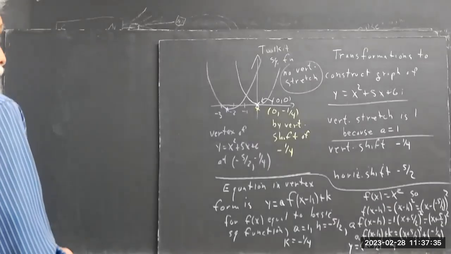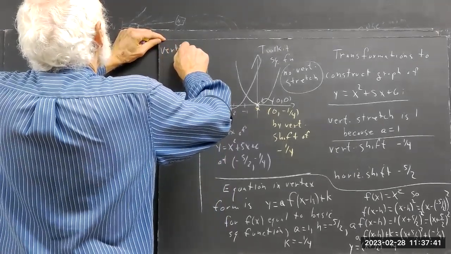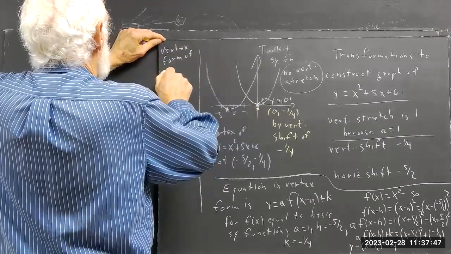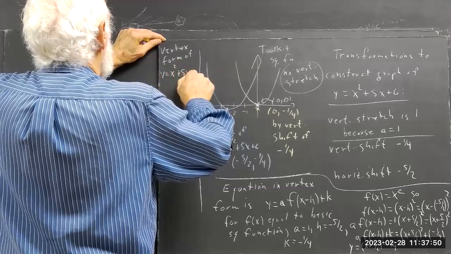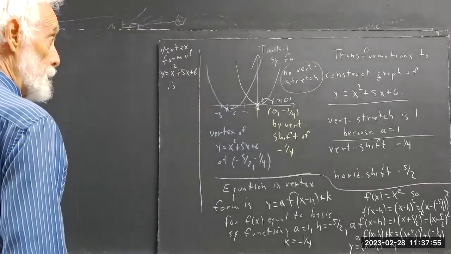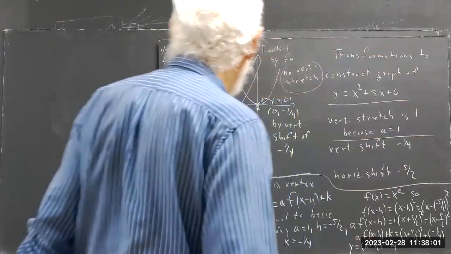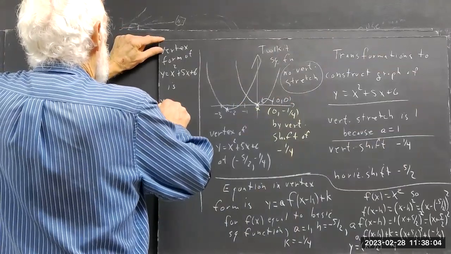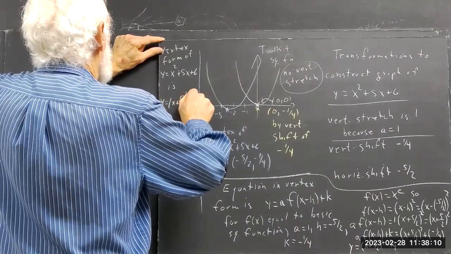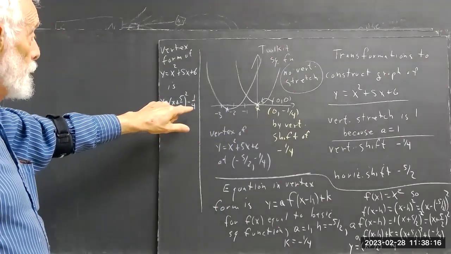So from this, we found that the vertex form of y equals x squared plus 5x plus 6 is y equals x plus 5/2 squared minus 1/4.